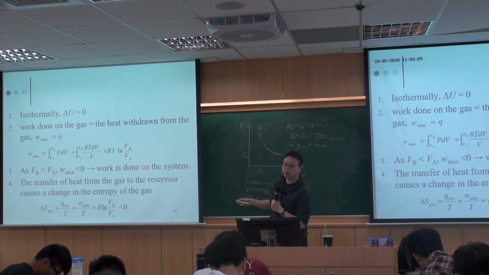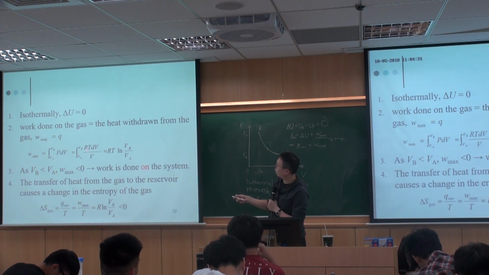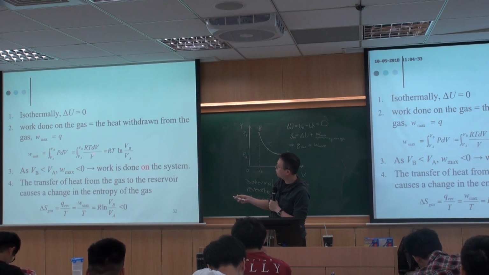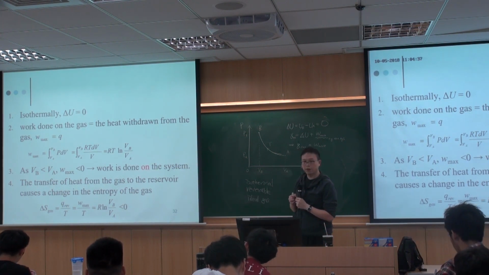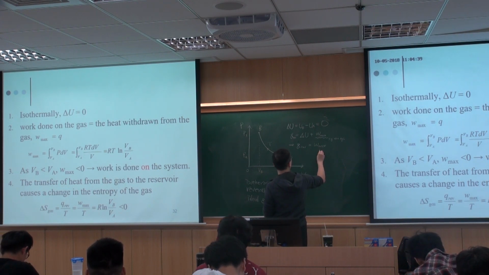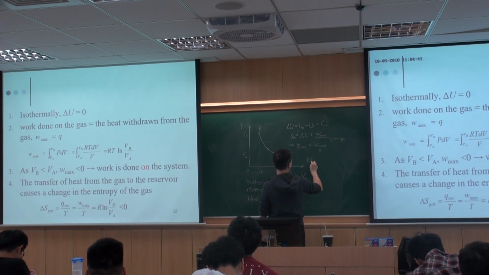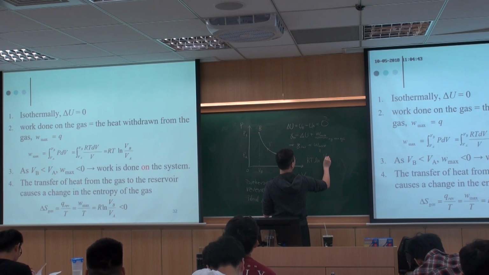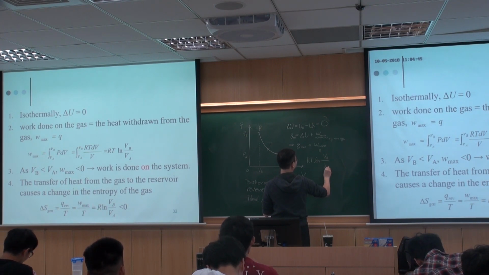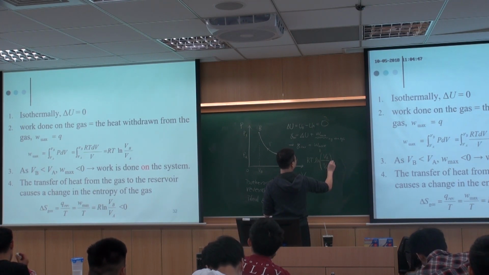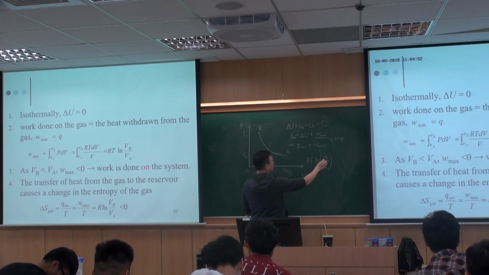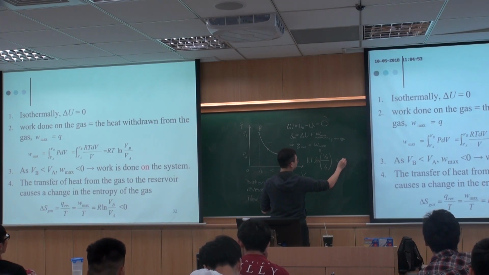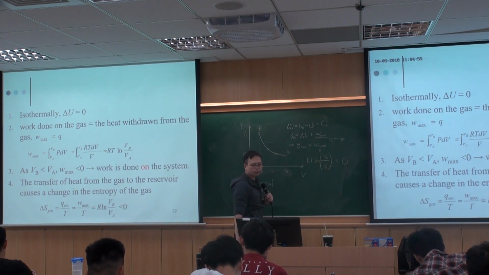And since this is ideal gas, we can convert that to RT over V. So you end up with this RT log VB over VA. And we know that VB is less than VA, so this term should be less than 0 because this is a log.